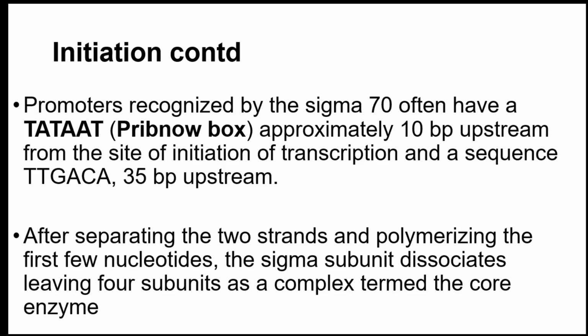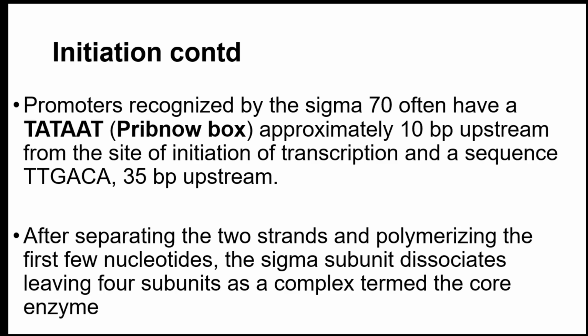It's going to open up, and when it opens up, the nucleotides which are complementary to the sense strand, the strand that you are going to copy, are going to start aligning against the DNA strand. And the moment we form a few, the moment the sigma realizes that messenger RNA formation has started, it is going to dissociate.